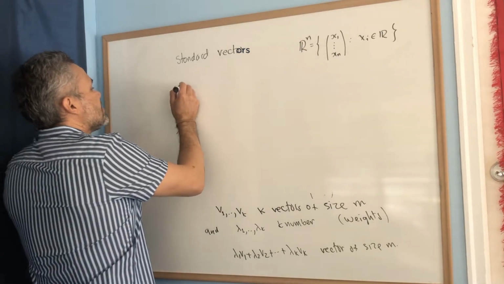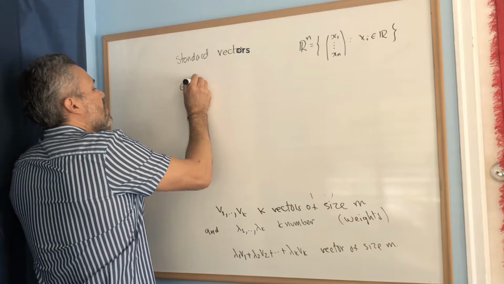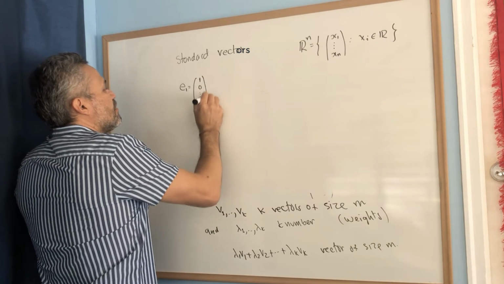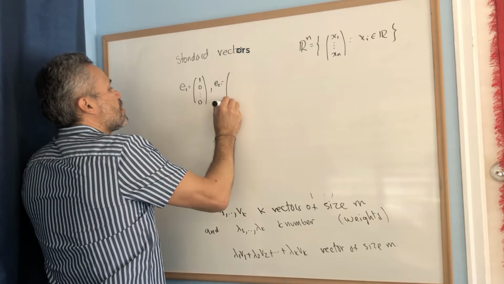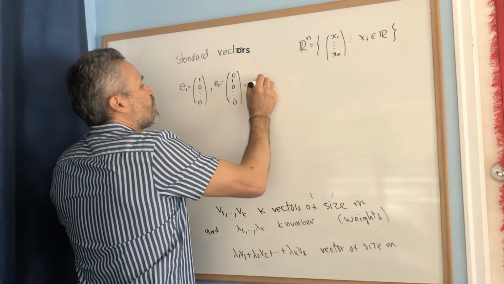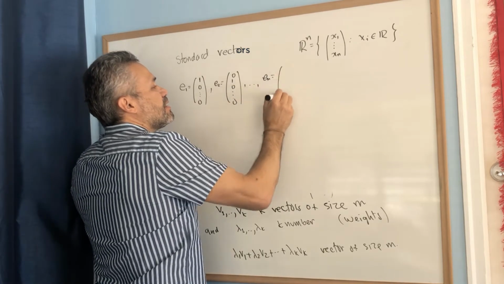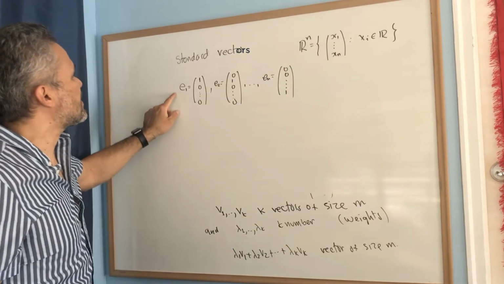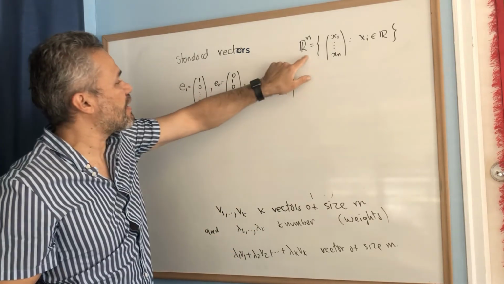Then the standard basis is going to be this vector e1 equal (1, 0, 0), e2 is (0, 1, 0), and so on, until en equal to (0, 0, 1). This is the standard vectors in Rn.